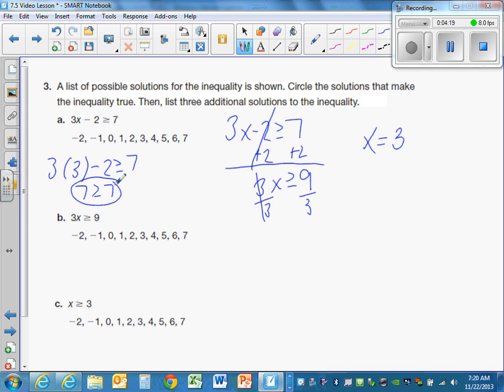So any value that we plug in for x, and this one we plugged in 3, it has to be greater than or equal to 7. So 3 works because it comes out equal to. We need to circle the ones that you could also plug in to x to keep the statement true. So try plugging in some of these numbers, see what you get, and then you also need to list 3 additional solutions.